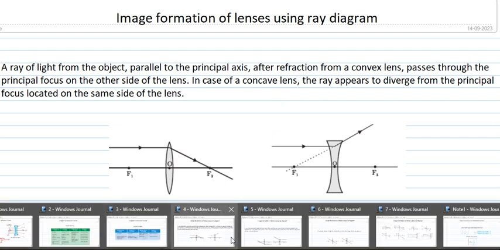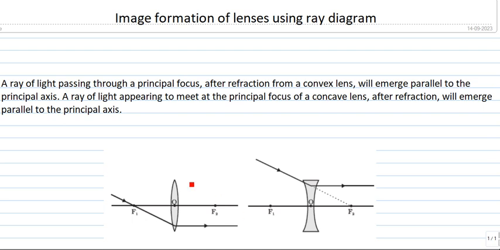The next point is, a ray of light passing through the principal focus after refraction will be parallel to the principal axis. Yes, so this ray of light which is passing through F1 on the left side of the lens, after refraction at the lens, will travel parallel to the principal axis.